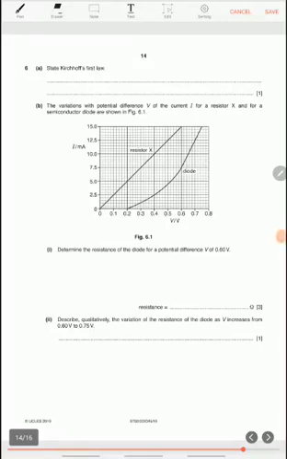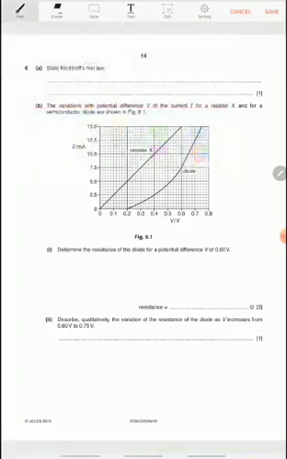Today I'm going to present how I'm going to teach online and provide a real life like experience. The first question is state Kirchhoff's first law. It says choose a pen.